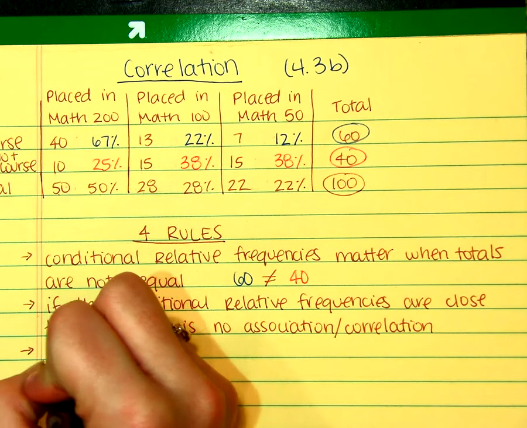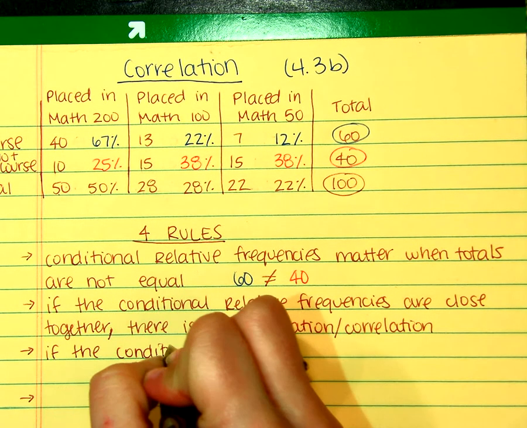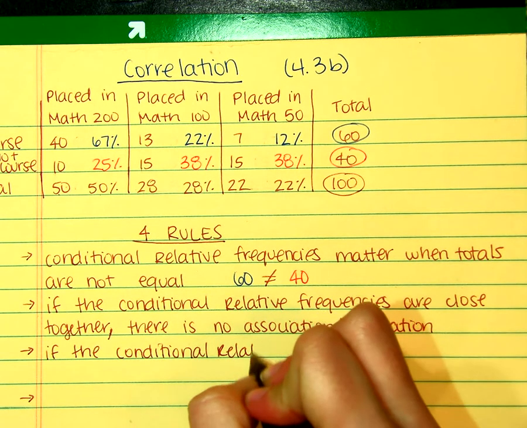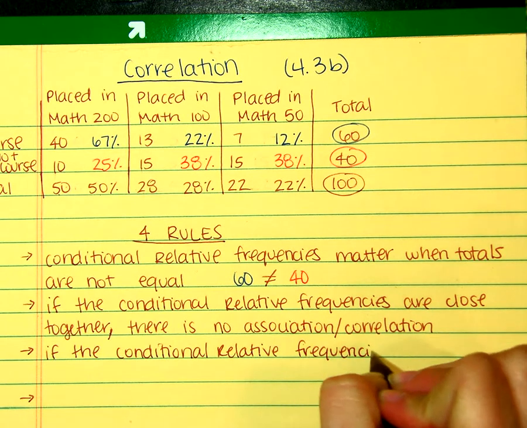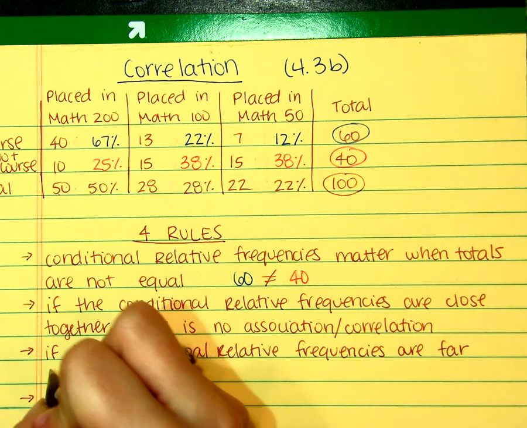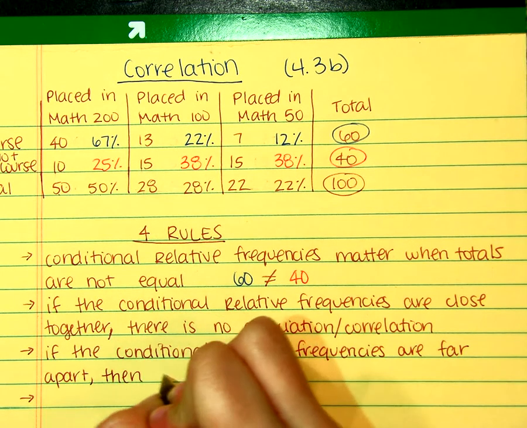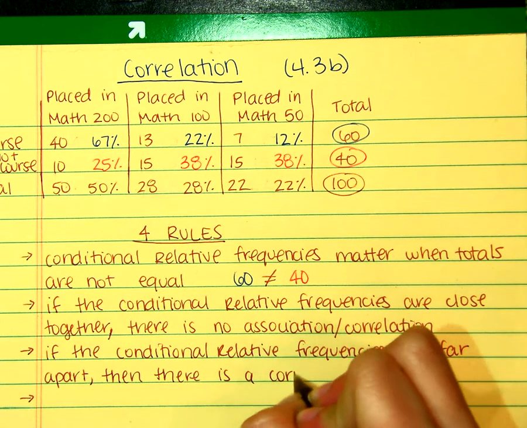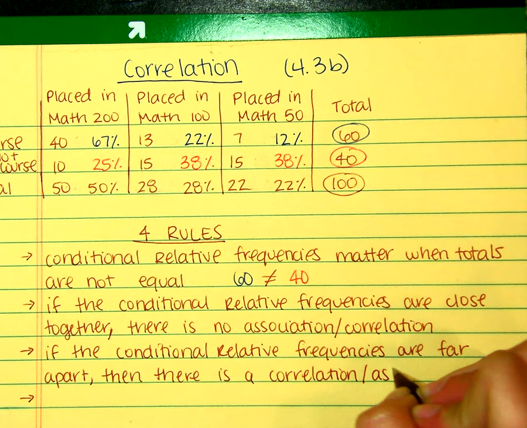So on the other hand, if the conditional relative frequencies are very far apart, then there is a correlation. Or association.